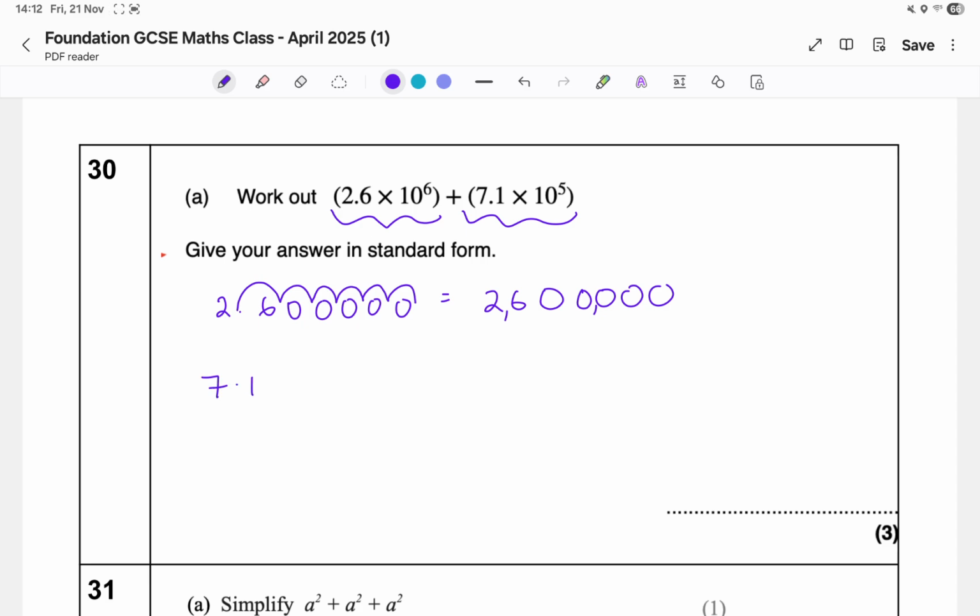And same thing I'm going to do with that. 7.1 times 10 to the power of 5. So I'm going to move the decimal place 1, 2, 3, 4, 5. And that becomes 710,000. So I can just add them. So I'm going to just do long addition.